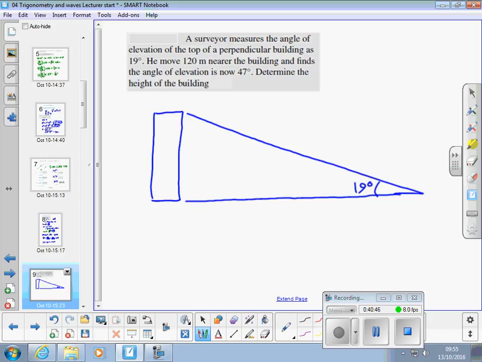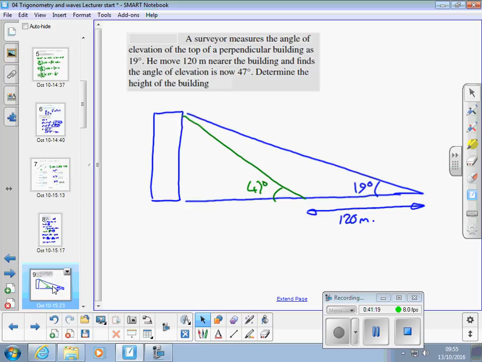He then moves 120 meters closer to the building and finds the angle now, from that position, is 47 degrees. Determine the height of the building.